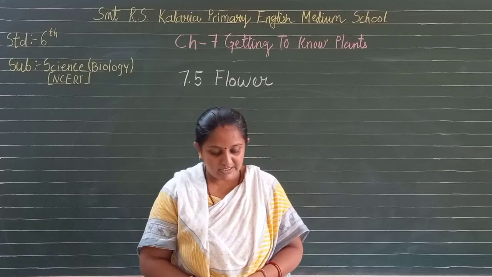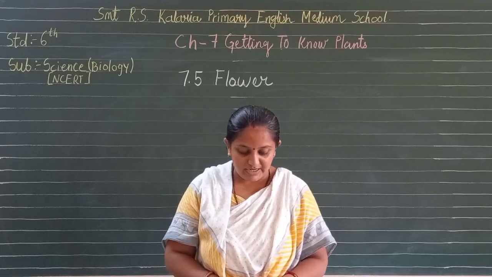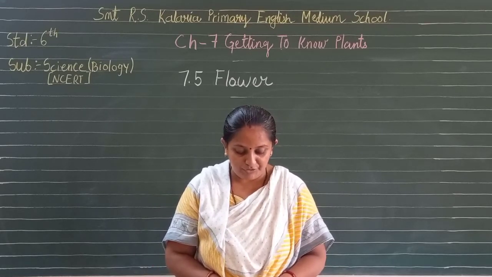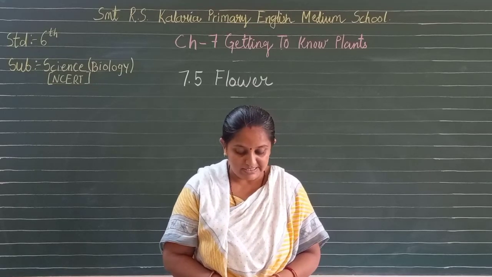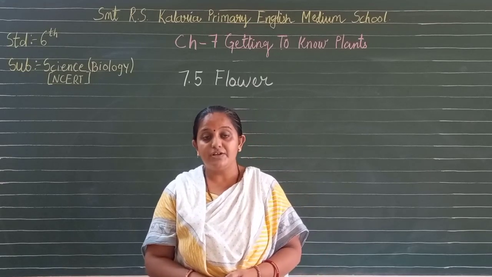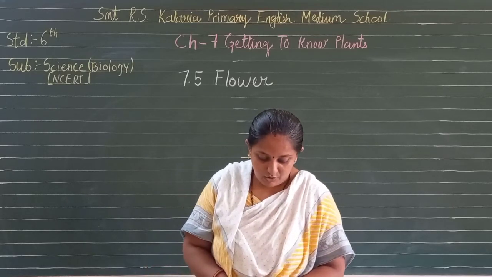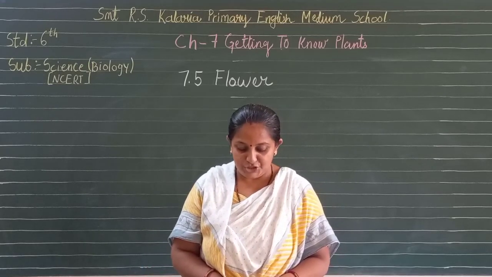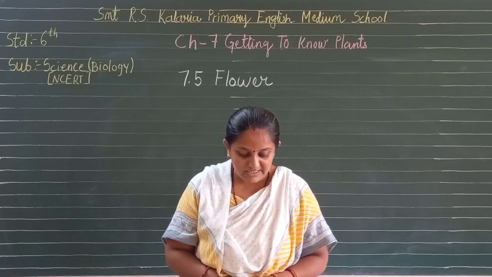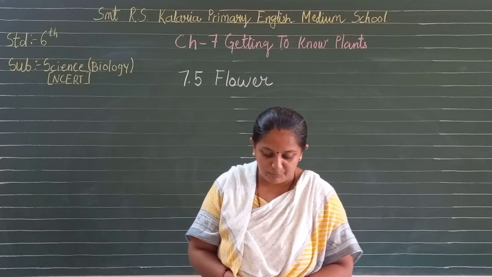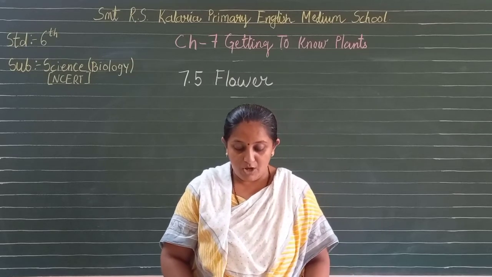Now here we would require activity 10, we would require 1 bud and 2 fresh flowers of each of the following: datura, china rose, mustard, brinjal, lady's finger, gulmohar and so on. Also a blade, a glass slide, a sheet of paper, a magnifying glass and water. Now observe 7.20 carefully, look at the prominent part of the open flowers.